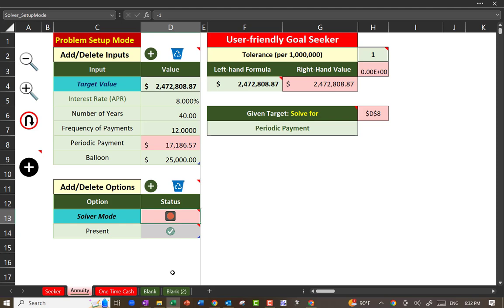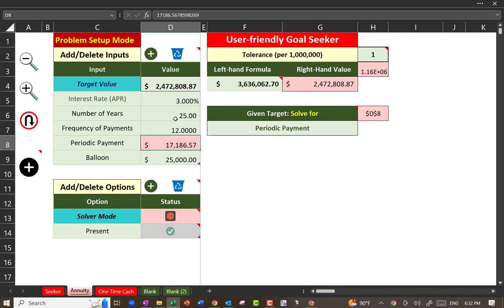My interest rate during retirement is 3%. I'm going to collect those for 25 years. How many payments am I going to be collecting every year? It's monthly, so 12. What's my periodic payment? 5,000. What's the balloon I want? 3 million.